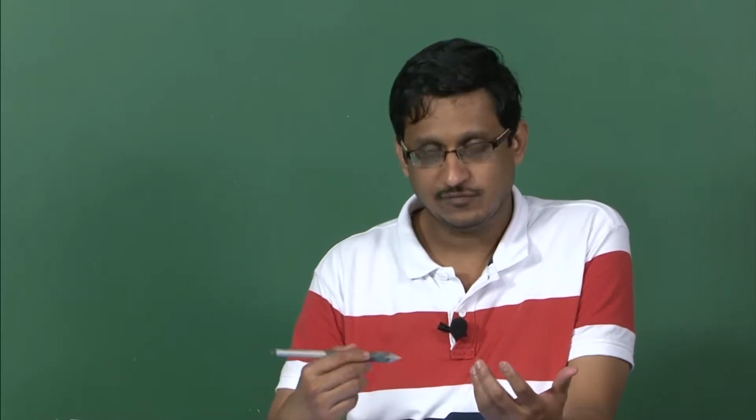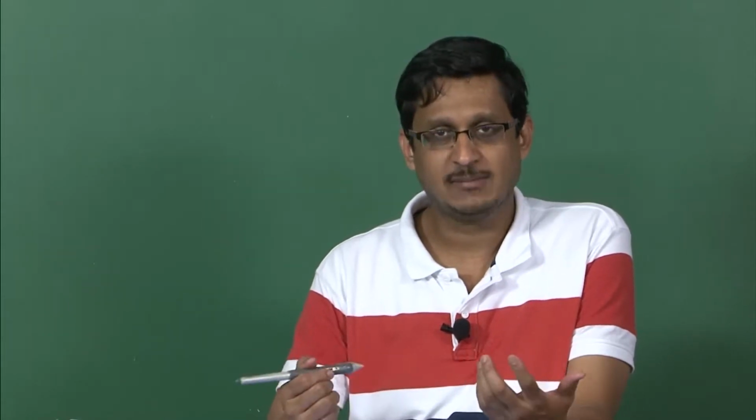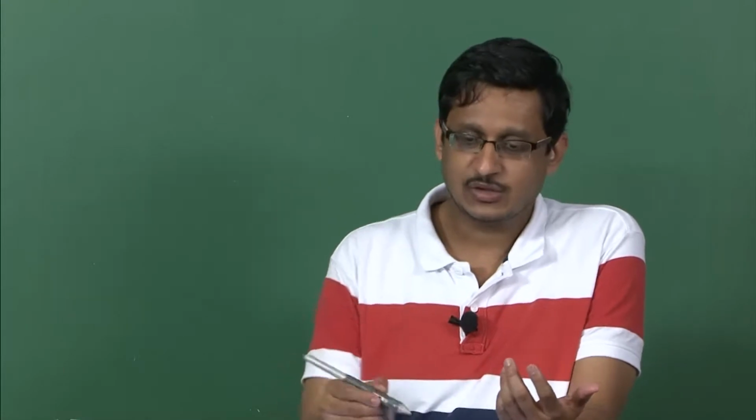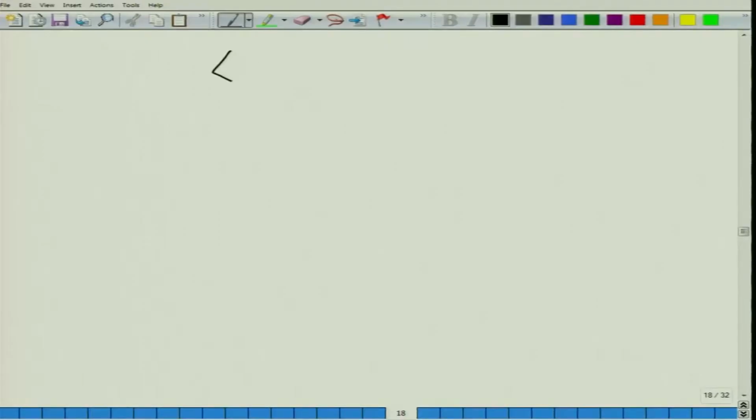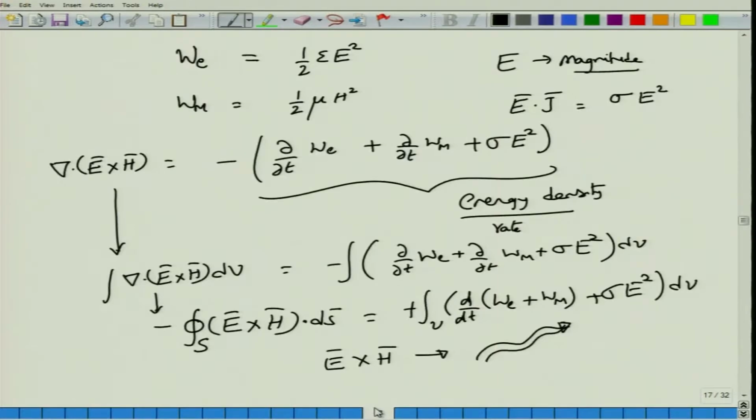So if you assume that the electric field is sinusoidal and the magnetic field is sinusoidal, then you can show that the time averaged Poynting vector, where the Poynting vector S is defined as E cross H, and E cross H tells you that there is a power outflow.